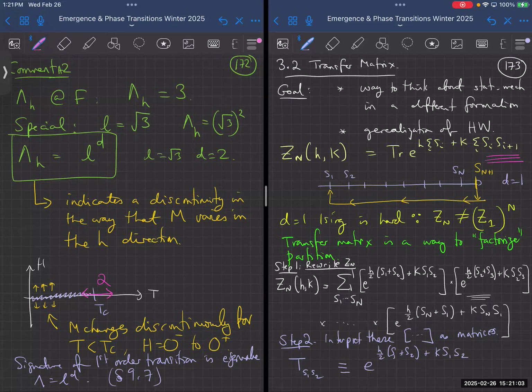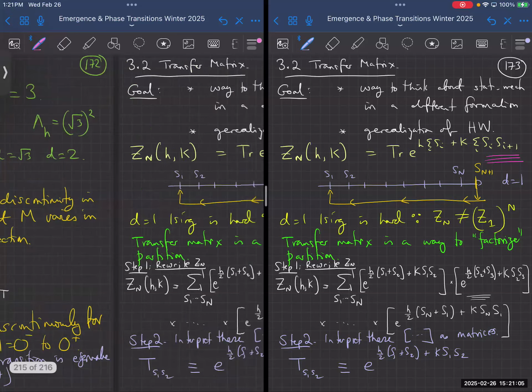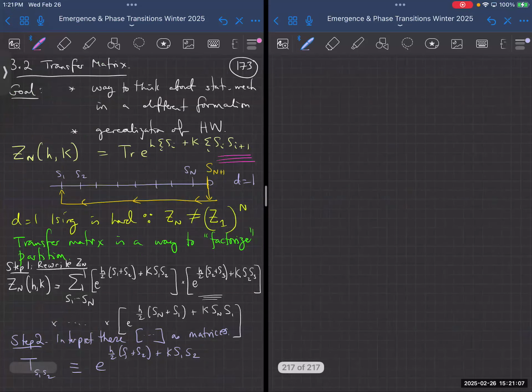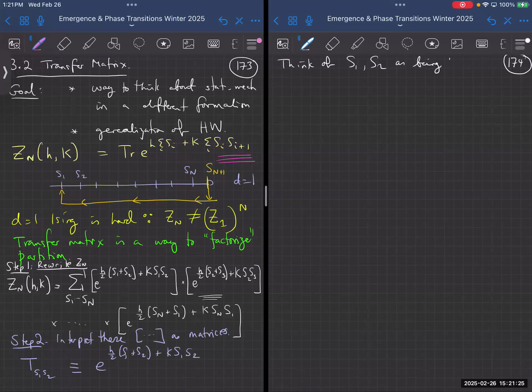So that's just a definition. And I claim that this thing is like a matrix element. I'm thinking of S1 and S2 as being labels for the elements of a matrix.